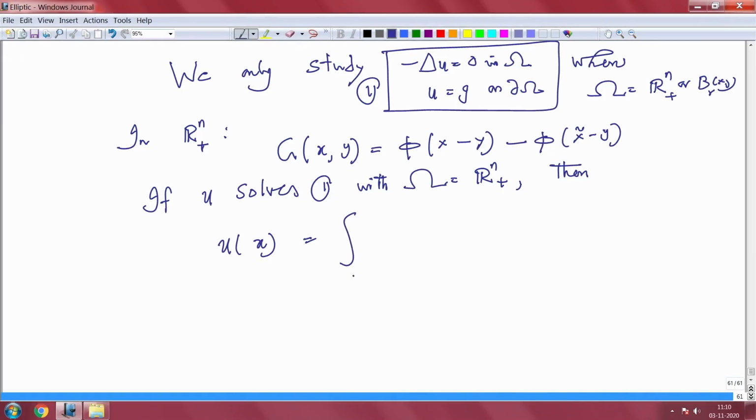The other term is over the boundary of R n plus: dG by d nu y, times g of y dS y. Now you know how to compute d nu because it is d phi, both are d phi; the only thing is you have to take the normal correctly. So, you compute the normal derivative.